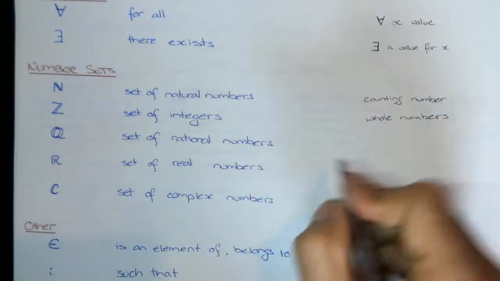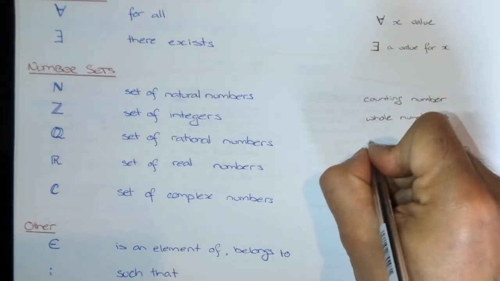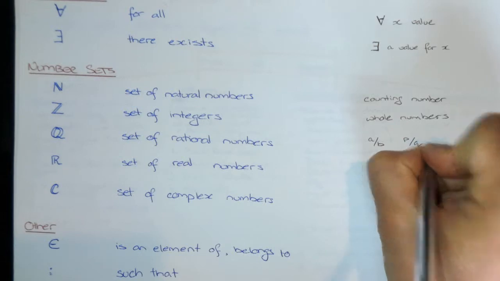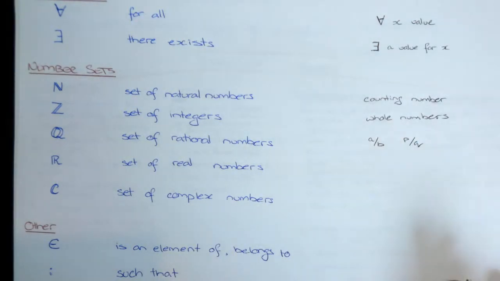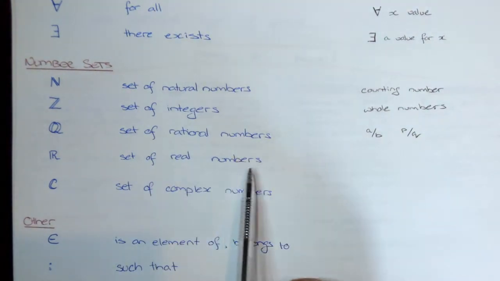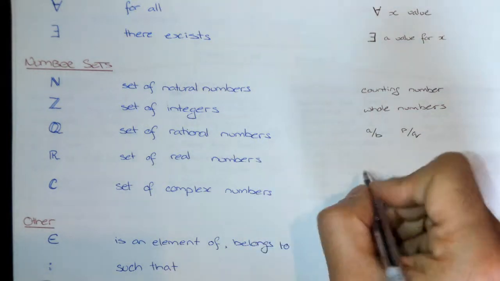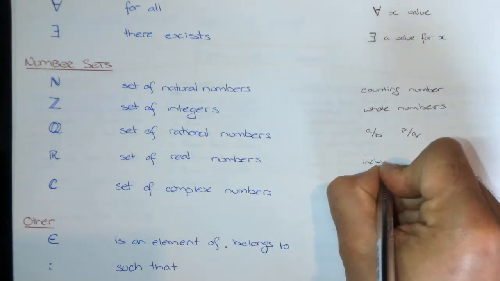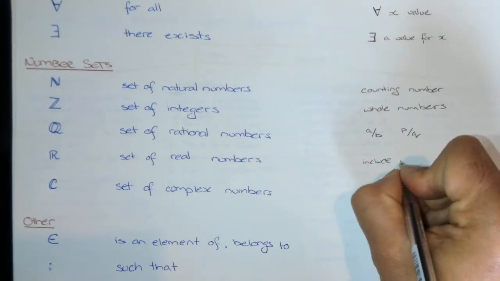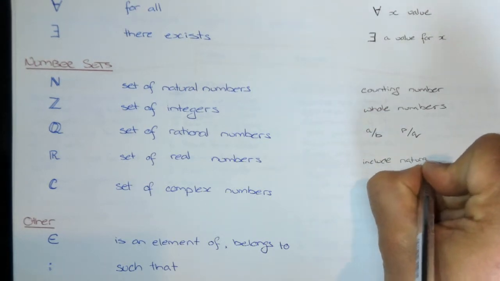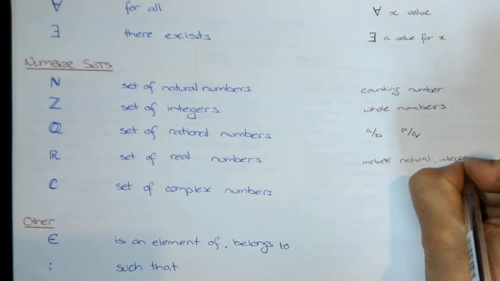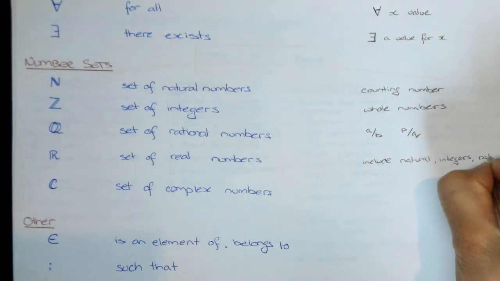Q is the set of rational numbers, all numbers that can be represented as a fraction. Real numbers include natural numbers, integers, rational and irrational numbers.